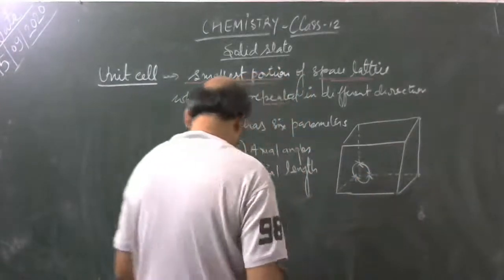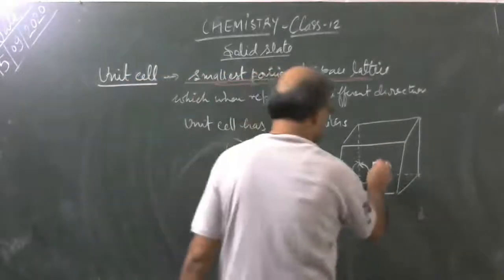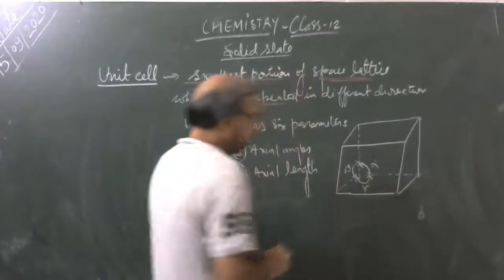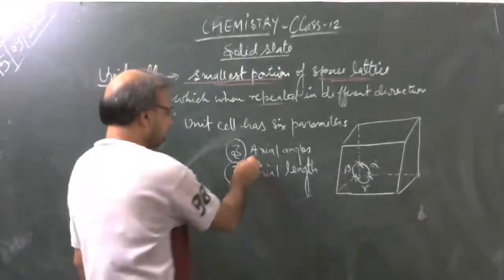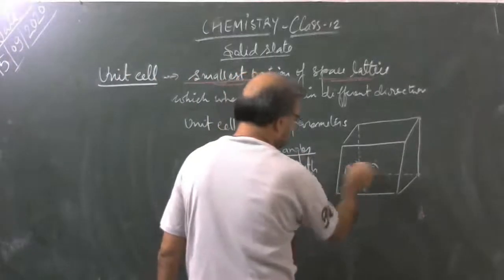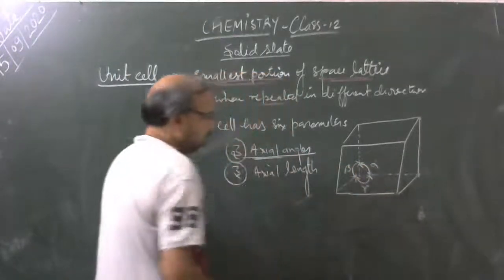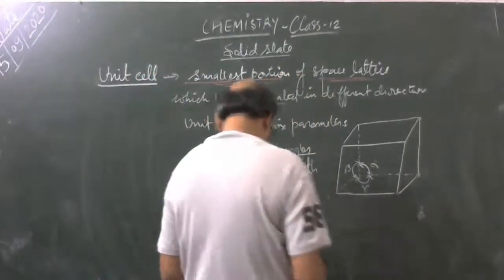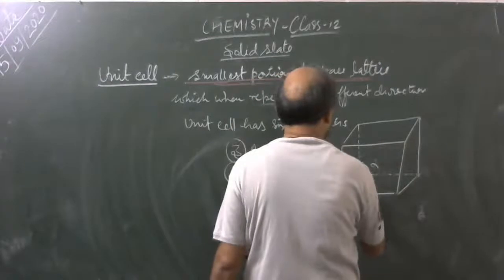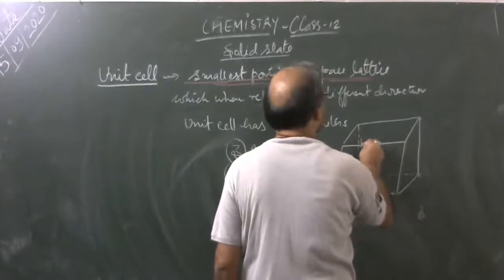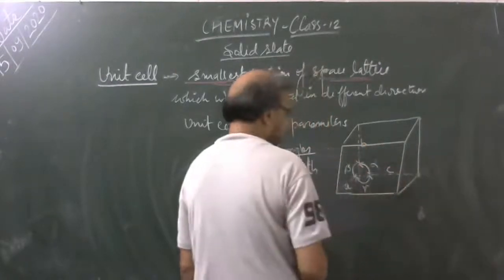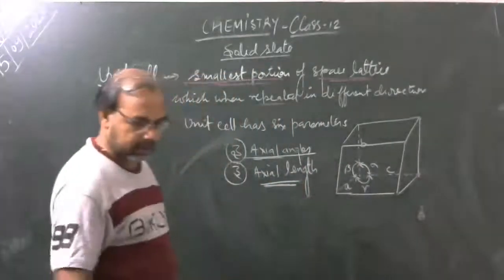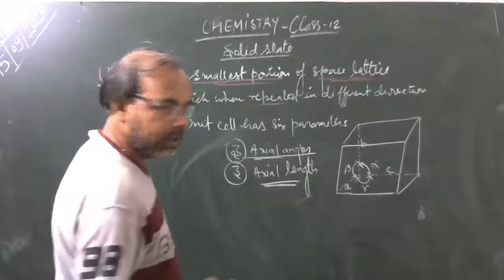We can represent these angles as alpha, beta, and gamma. These are the three axial angles. And we can write A, B, and C. These are the axial lengths.